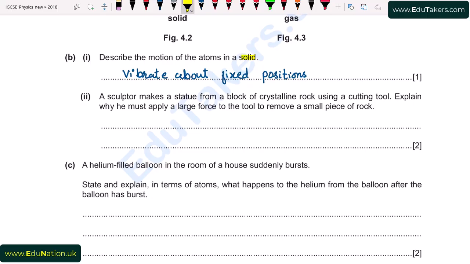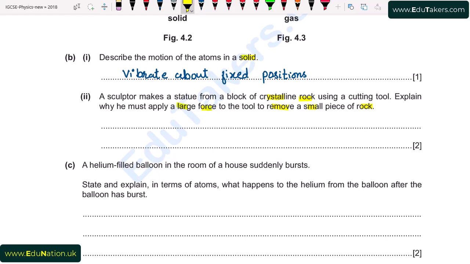Part 2. A sculptor makes a statue from a block of crystalline rock using a cutting tool. Explain why he must apply a large force to the tool to remove a small piece of rock. So there is a crystalline rock and he uses a large force to remove a small piece of rock.